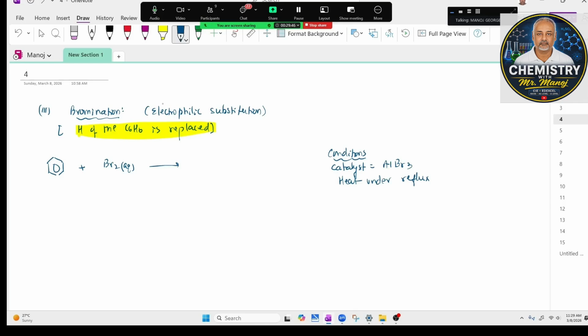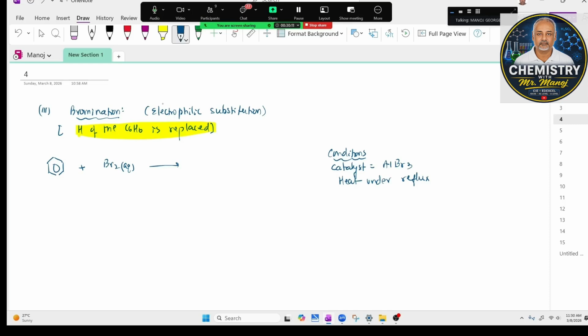You will see a device which is completely closed. We do heat under reflux particularly when we're dealing with extremely volatile liquids. You can't really heat a highly volatile liquid in an open beaker. That will be disastrous, isn't it? So you want to close it down and ensure that no reactants are lost in your heating process.